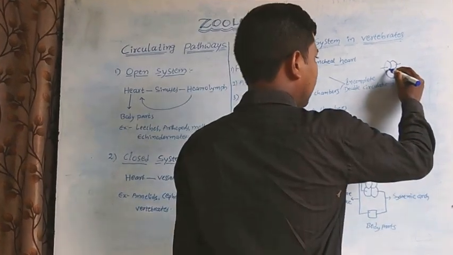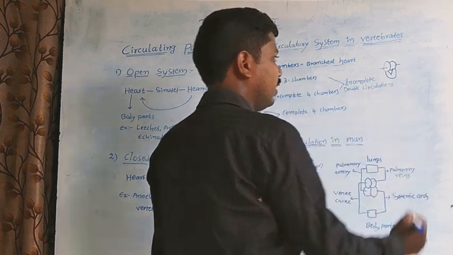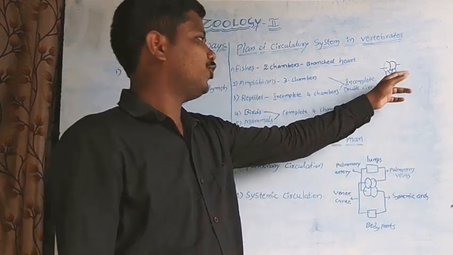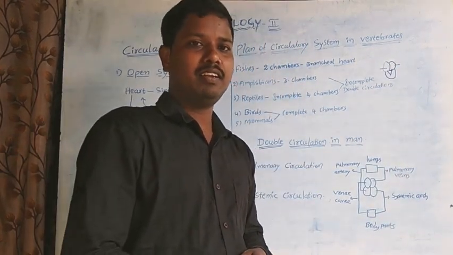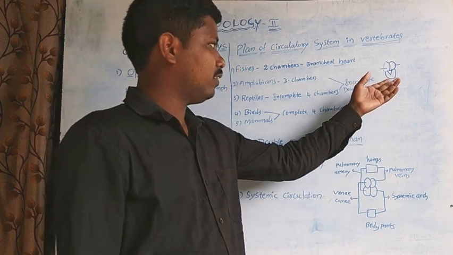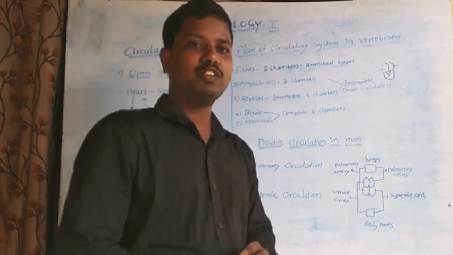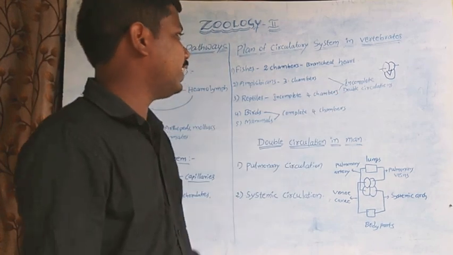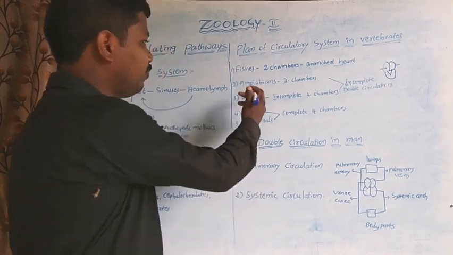Oxygenated blood and deoxygenated blood both join in the ventricle. Hence, mixed blood is transported in the circulating system in amphibians.